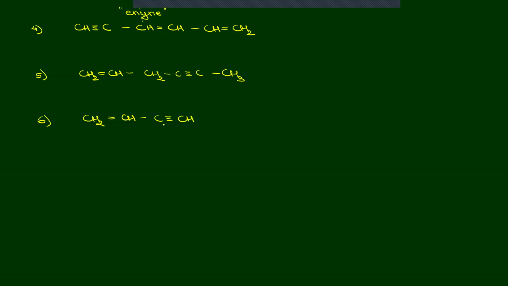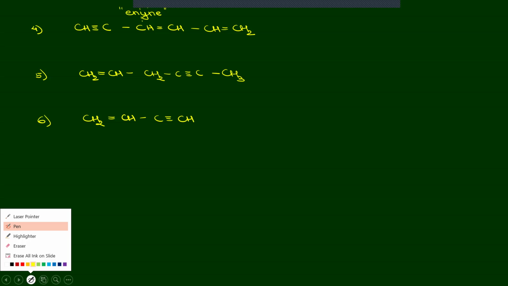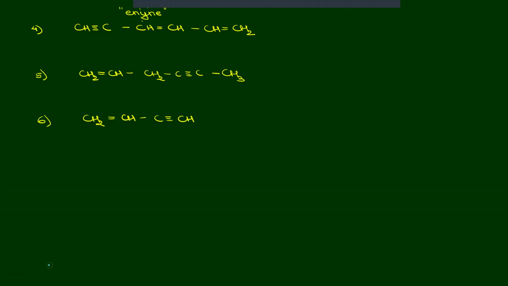For enyne compounds, the first rule is you have to number the chain such that the multiple bond gets the lowest number. First multiple bond, whether it is double or triple, doesn't matter. You have to number it such that the first multiple bond occurring from the left or the right gets the lowest number. Look at the fifth example.